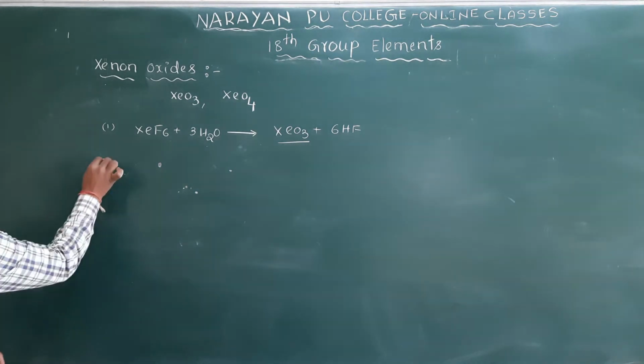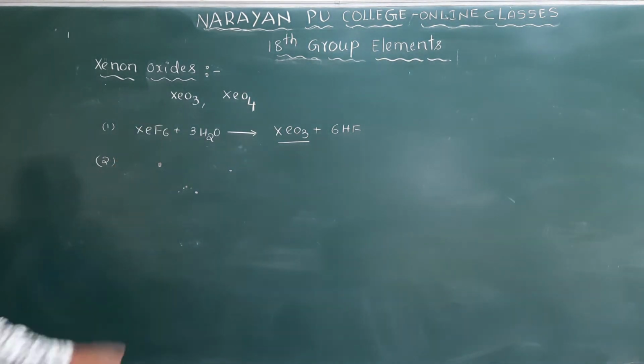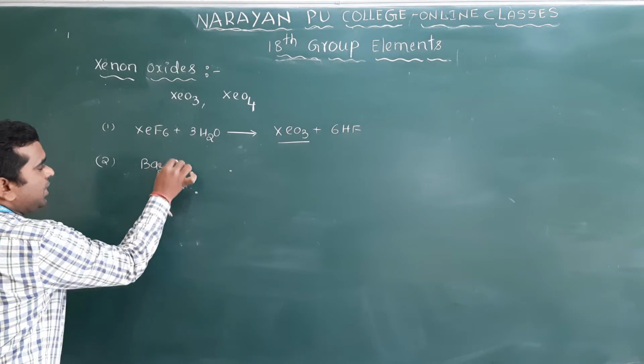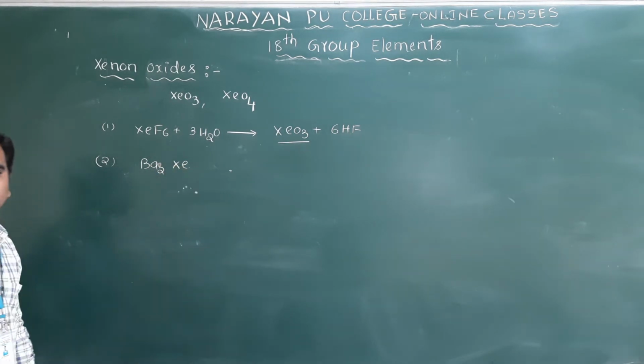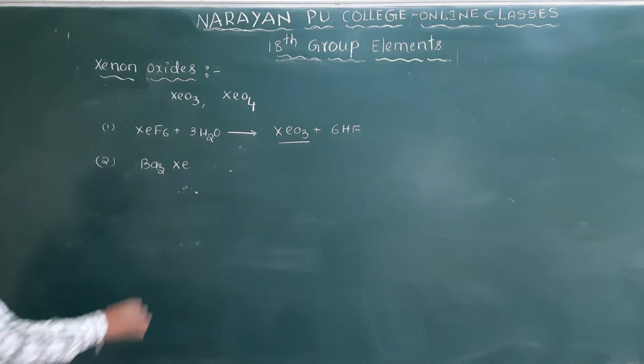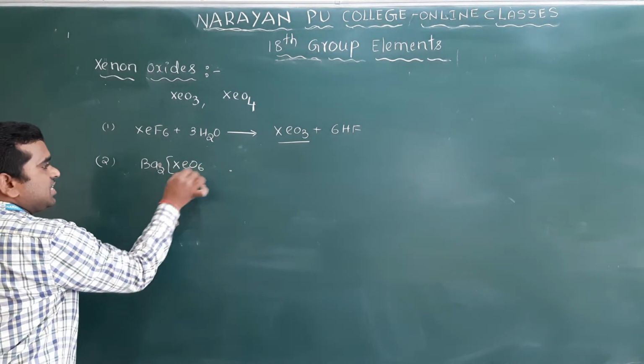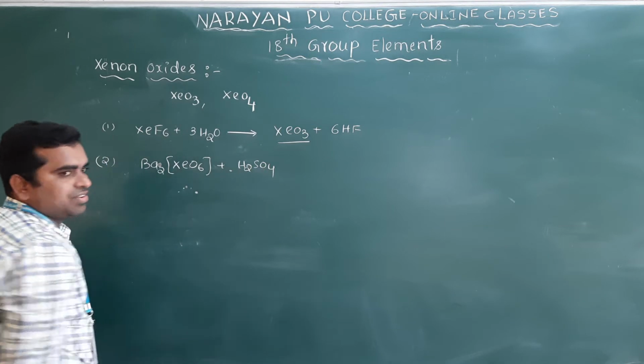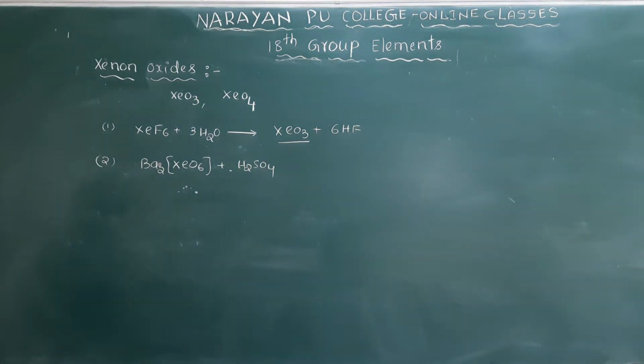But how will we prepare XeO4? We take barium perxenate, Ba2XeO6. This is treated with H2SO4.